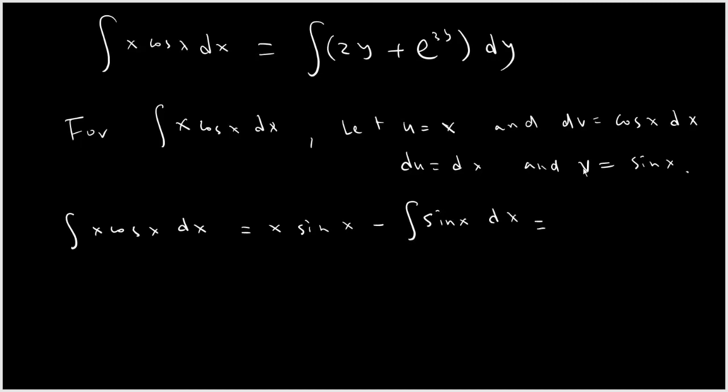So the whole left hand side is equal to x times sine of x, and the antiderivative of sine of x is negative cos of x, so you plus cos of x. Whenever you evaluate an indefinite integral, you have to add a c, but we're going to use c later for other things. So you can write c1 in here.